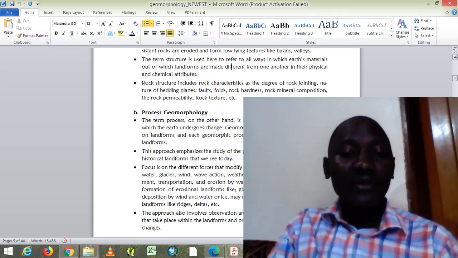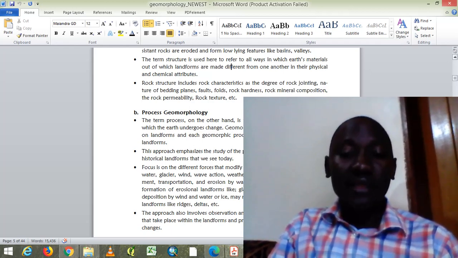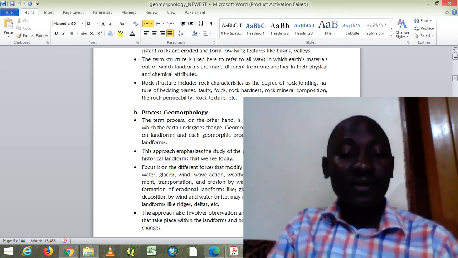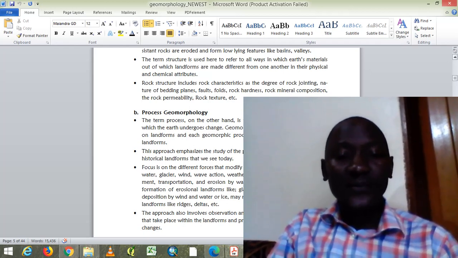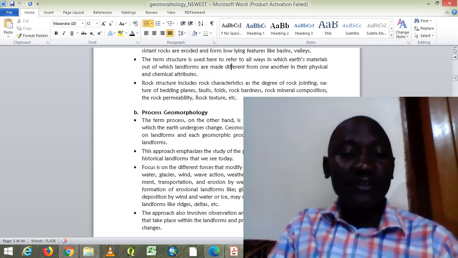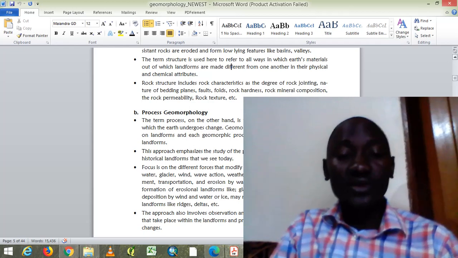And therefore, for process geomorphology, the focus is on the forces that modify the surface of the earth, e.g. the work of rivers or water, the work of glaciers, the work of wind, the work of waves, weathering, mass wasting, etc. The detachment process, for example, the transportation and erosion by water, wind, and ice may result in formation of erosional landforms.